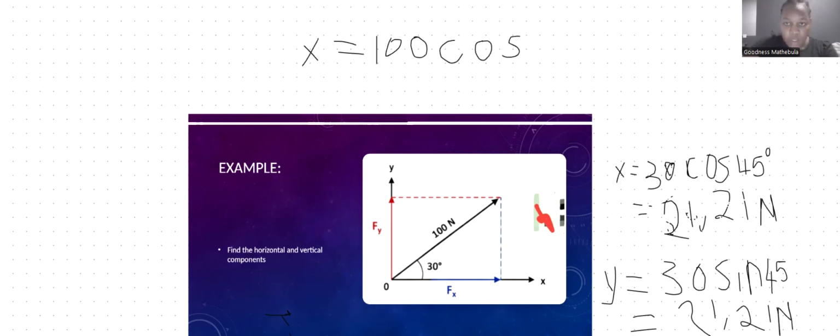So our x component is 100 cos of 30 degrees.